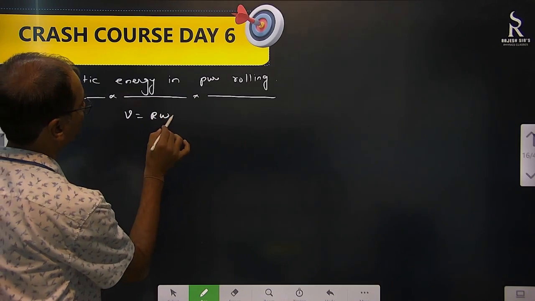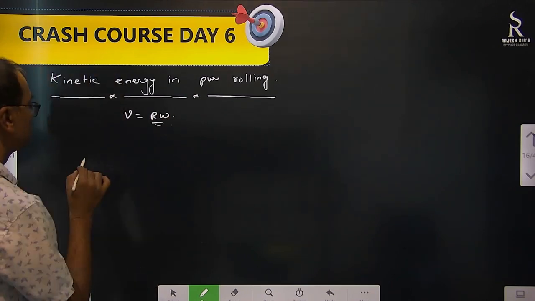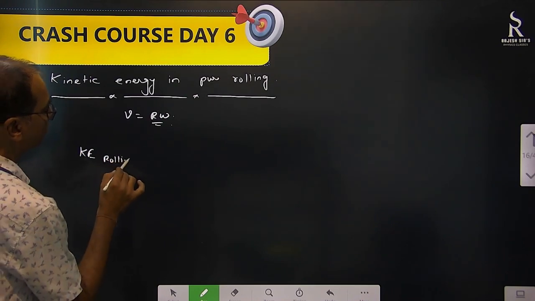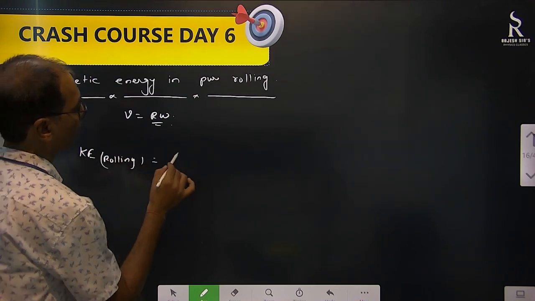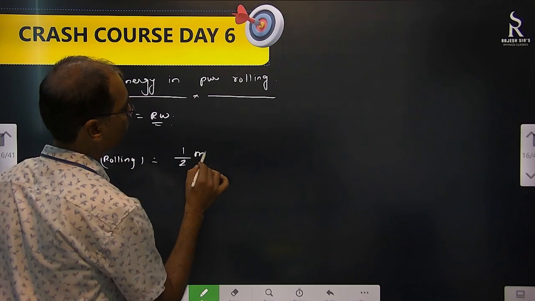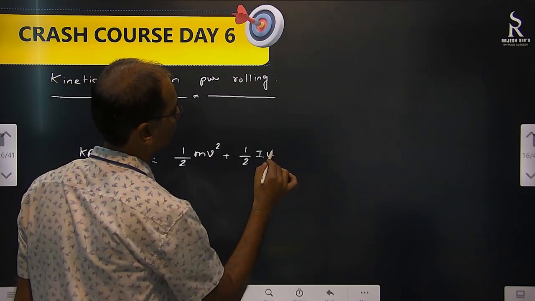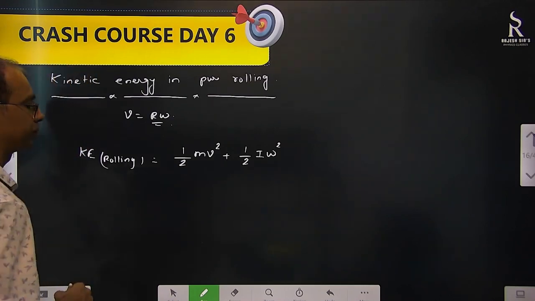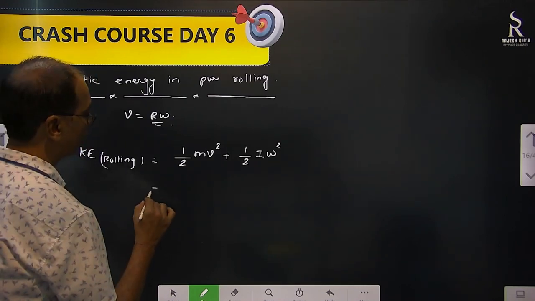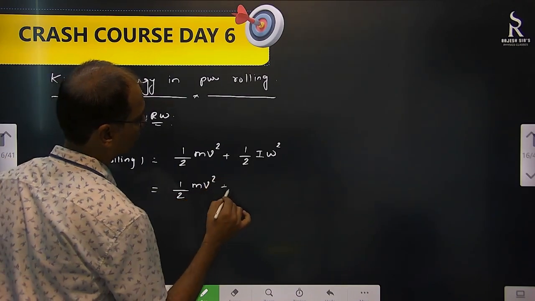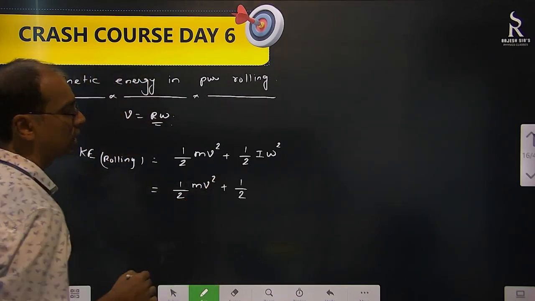Also, we should be able to write kinetic energy of rolling. We are writing half mv square, which is because of translation, and half I omega square, which is because of rotation. This is half mv square as it is, no change. Whereas this is half I omega square.